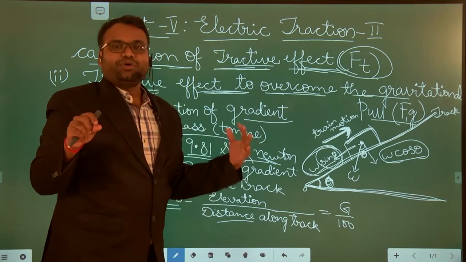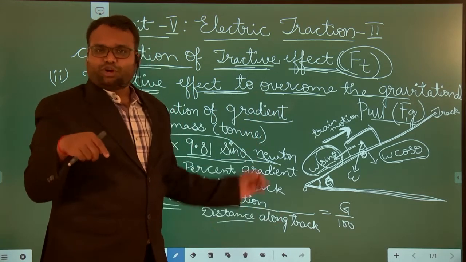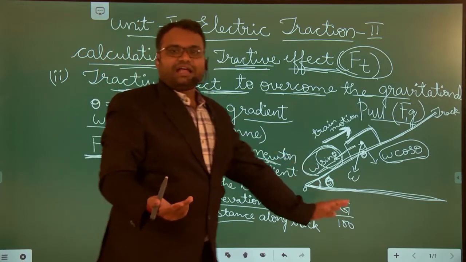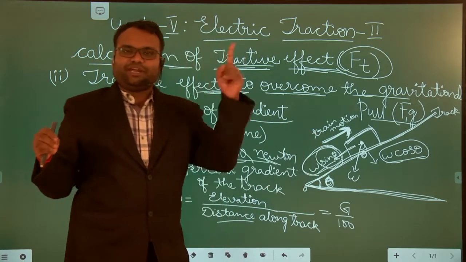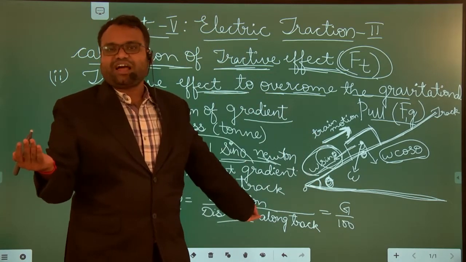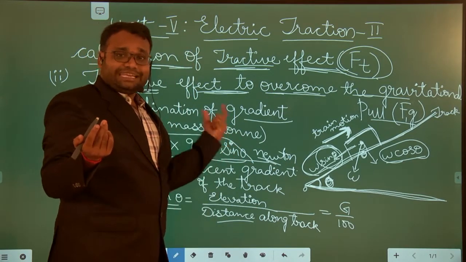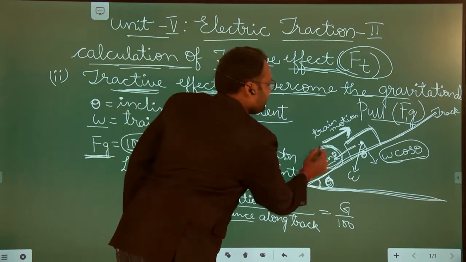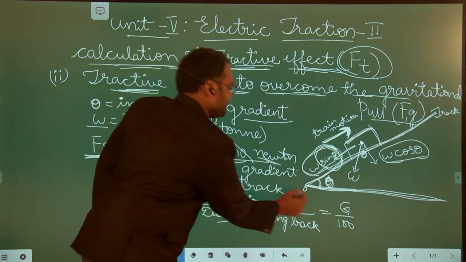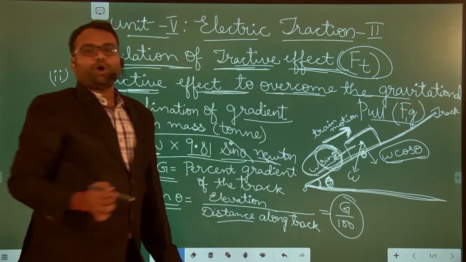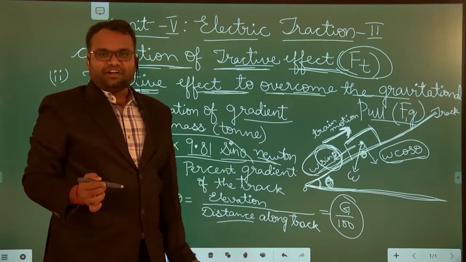The elevation is G, and the distance, for example 1 meter or 100 meters, here I have chosen 100 meters. So this sine theta can be obtained as G by 100.